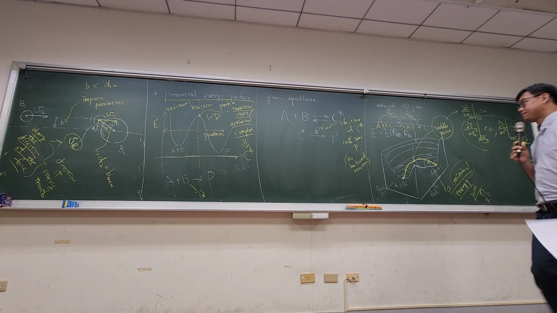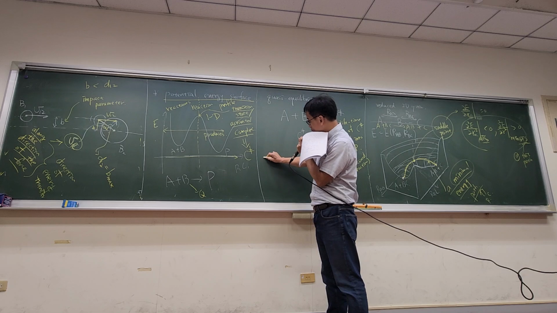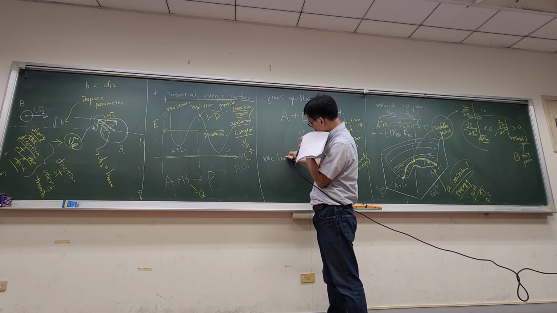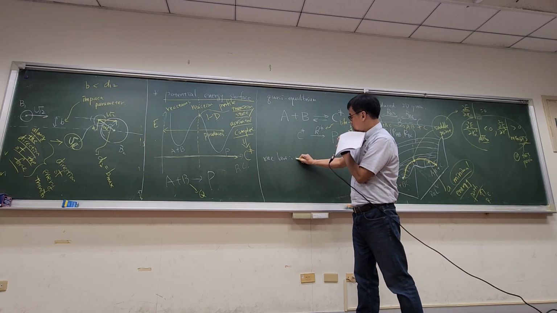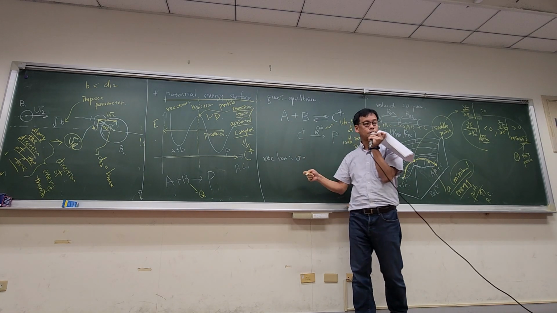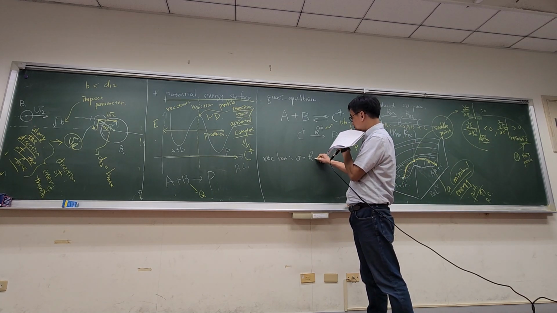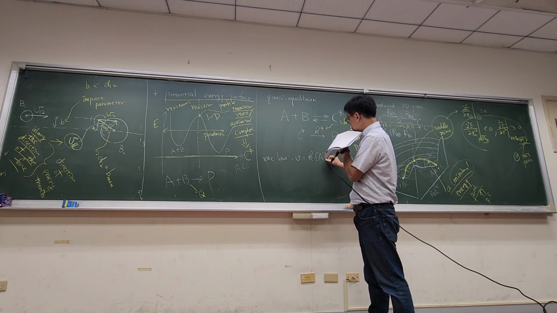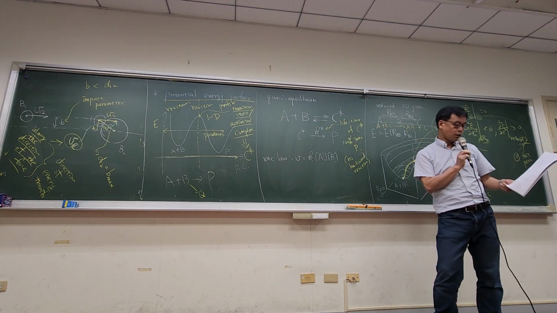Then we can write down the definition of a rate law. The rate law of this reaction is, here I use V, this is using Bob-Selby's notation, your rate constant times the concentration of A and the concentration of B. Rate law.